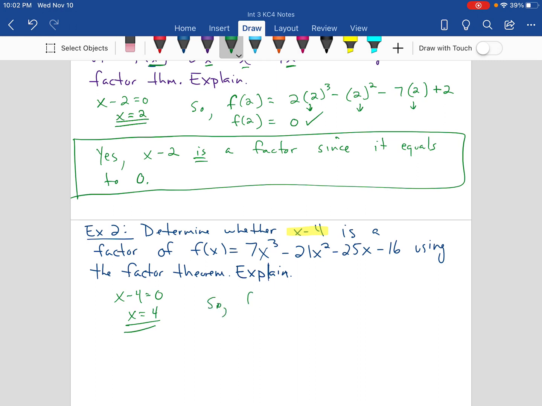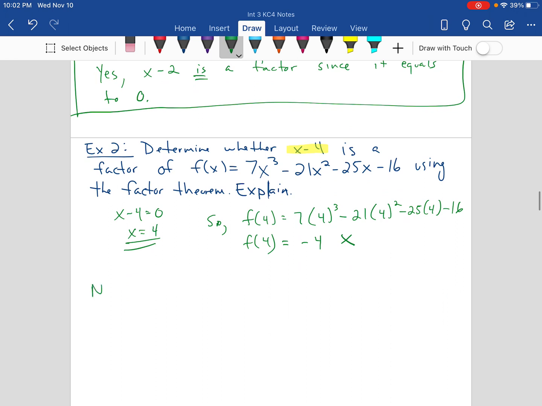So f of 4 is going to equal 7 times 4 cubed minus 21 times 4 squared minus 25 times 4 minus 16. So if I plug all of this in my calculator, you will end up getting negative 4 when you plug in 4, which is not 0. It is not what you want.